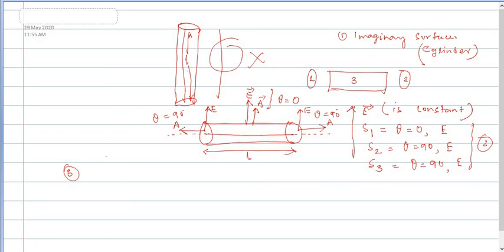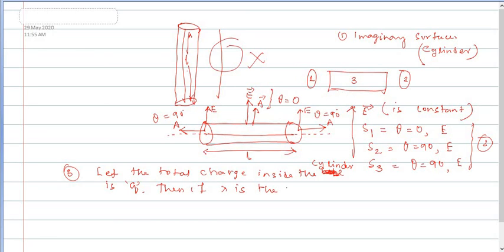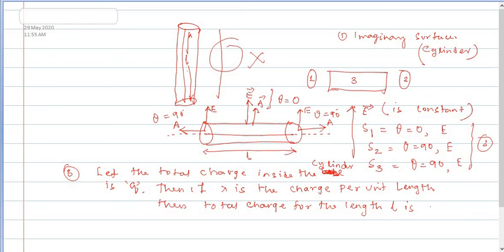Let the total charge inside the cylinder be Q. If lambda is the charge density, charge per unit length, then the total charge for the length L is Q is equal to how much?